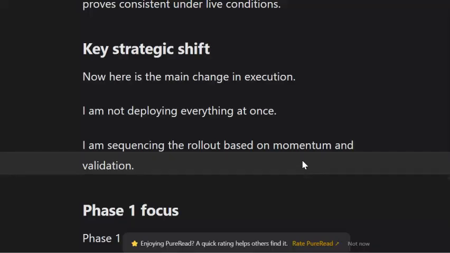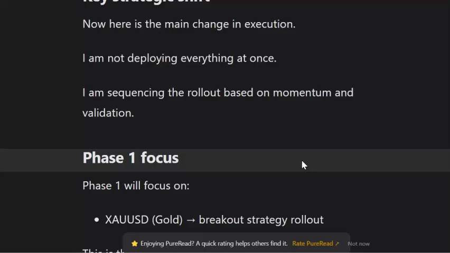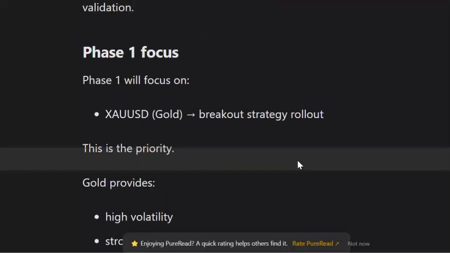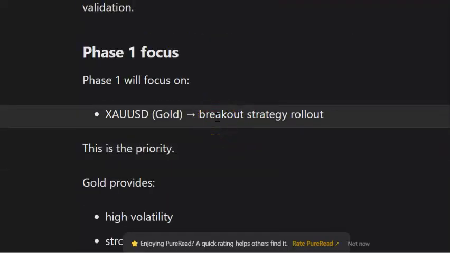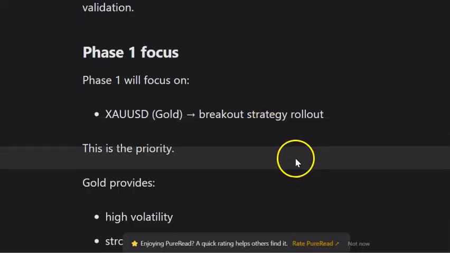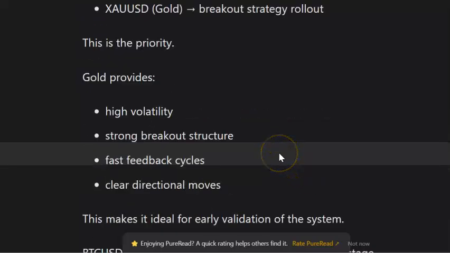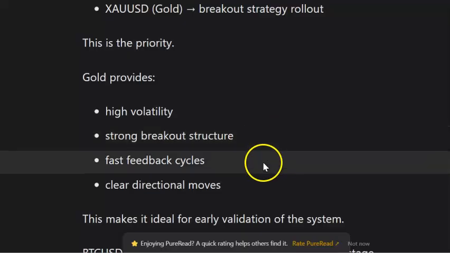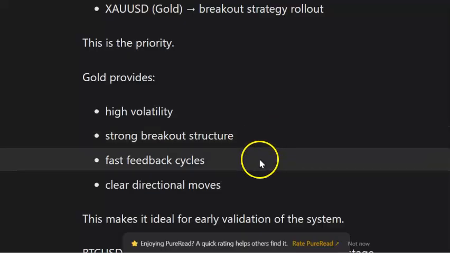So the key strategy shift is that we're not deploying everything at once. We're going to do it in phases, and we're going to sequence the rollout based on momentum validation. Phase one, we're going to focus on XAUUSD, the breakout strategies for gold, because this is the priority. We want validation so that we can get into profit potentially as fast as possible in the challenge.